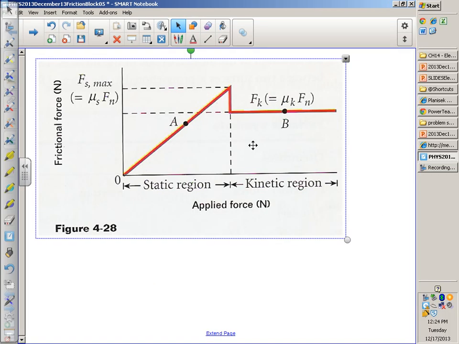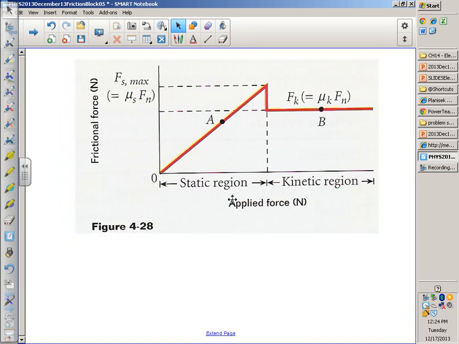Here is a picture that shows applied force on the x-axis and frictional force on the y-axis. The first part of this graph is labeled the static region. If you look along this red line, what's happening to the x values? They get bigger. What happens to the y values?